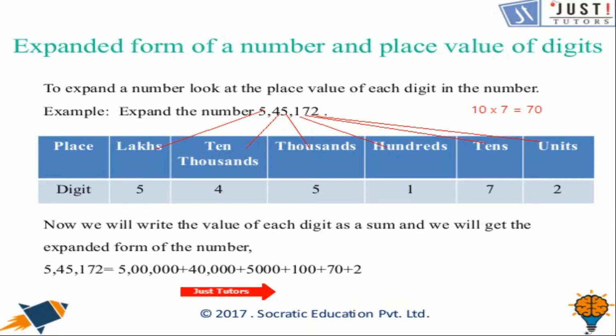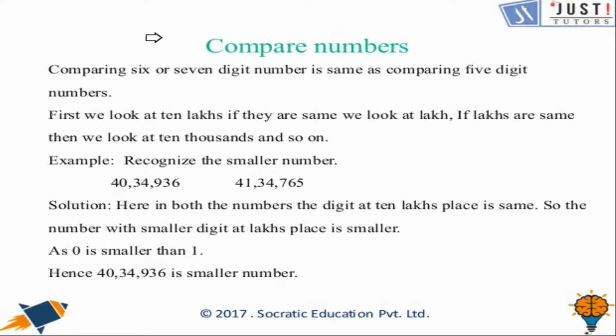Let's move forward towards the next slide and learn how we can compare different numbers. Let's take an example. If we had two smaller numbers, 65 and 68, how can we compare these two numbers, like which one is bigger or which one is smaller? We can start from the left and look at the tens digits. The tens digit is 6. We go to the next number and check the tens digit, which is 6 as well.